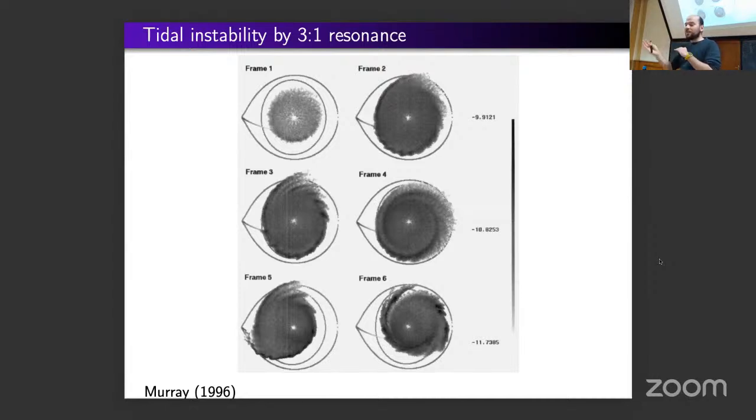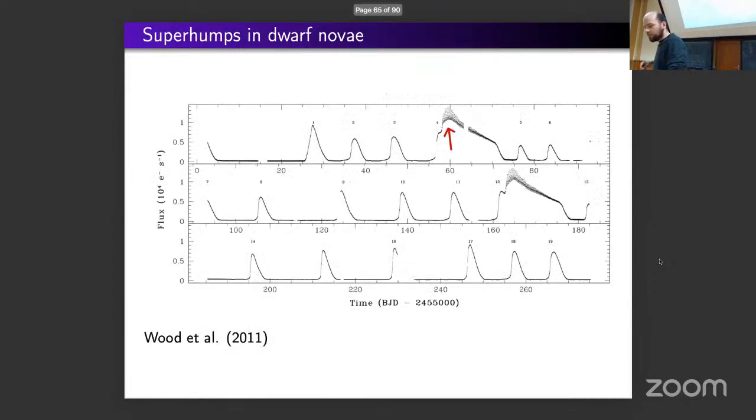So there is a 3-to-1 resonance between the accretion disk and the donor. And this becomes ellipsoidal, and because of that, we see big super outbursts. And during super outbursts, we see the precession period of the ellipsoidal accretion disk.